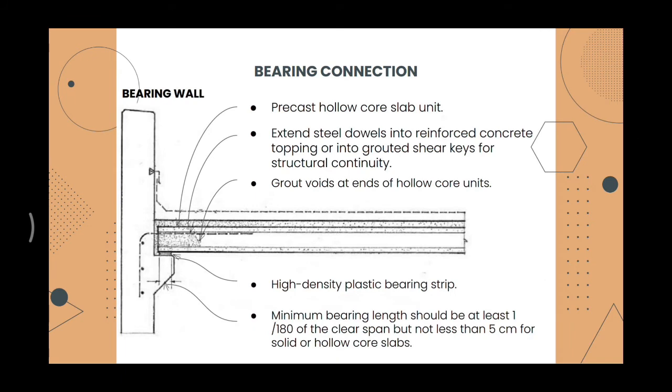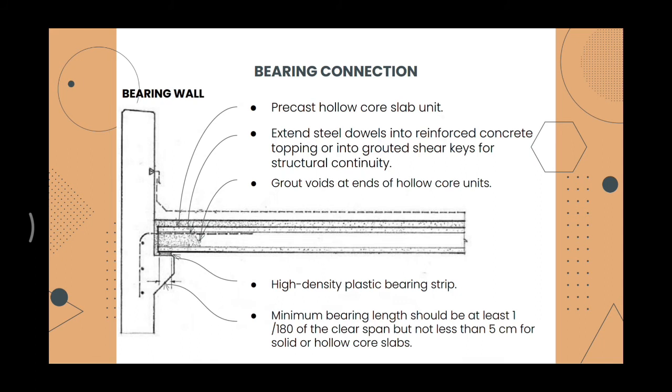Bearing wall. Precast hollow core slab units are located at the top, and below it, steel dowels extend into the reinforced concrete topping or into grouted shear keys for structural continuity.